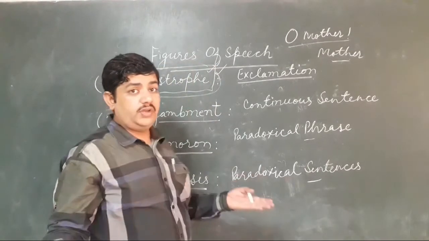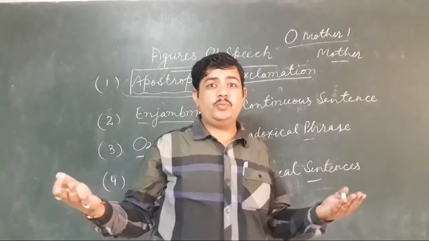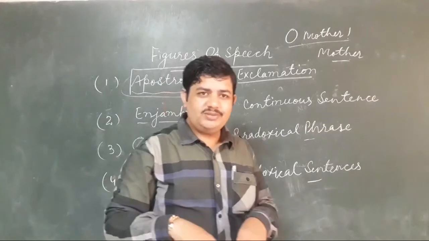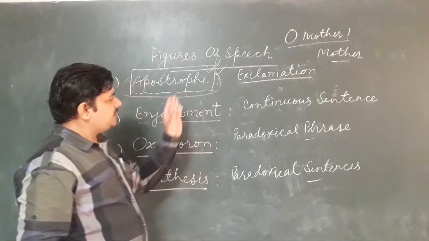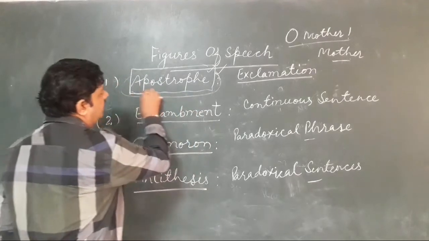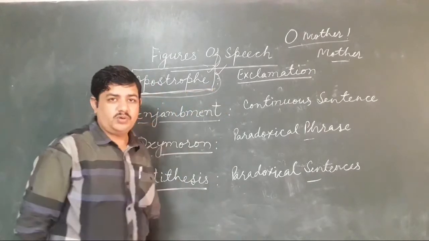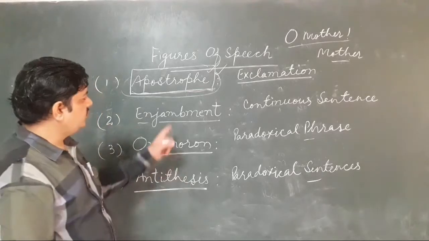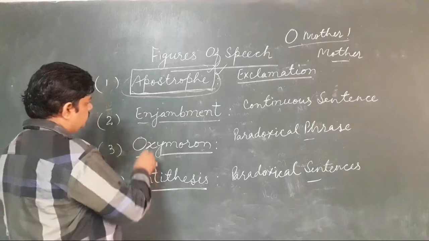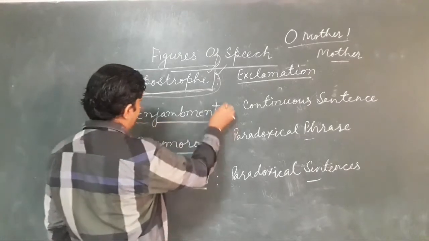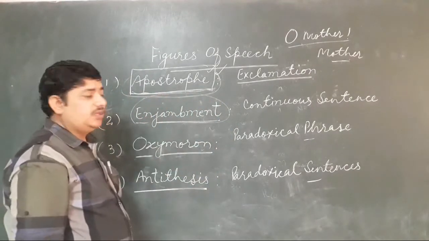"Oh God, where are you? I have not seen you for many days." These are the things that writers express through this wonderful instrument in their hands, and that is apostrophe.